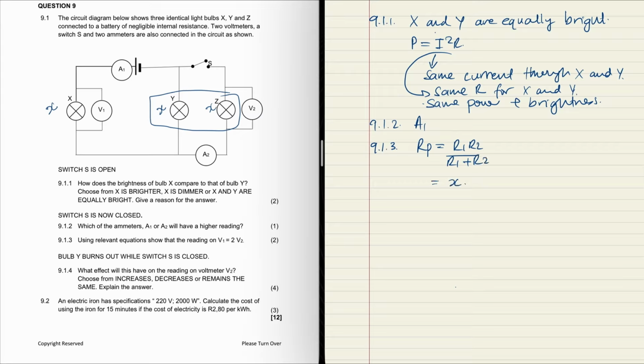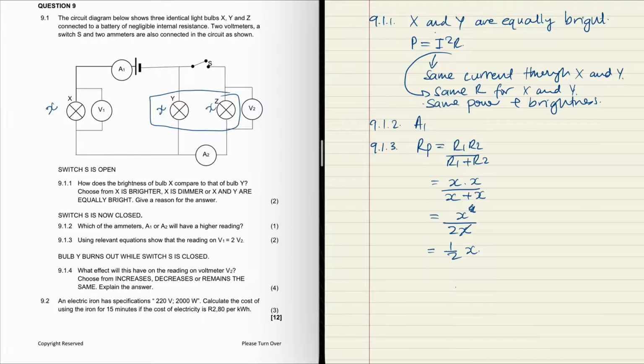So this is going to be X times X divided by X plus X. So that's going to give me X squared divided by 2X. We can cancel an X and an X here. That simplifies to half X. So the effective resistance of the parallel branch is going to be half X.